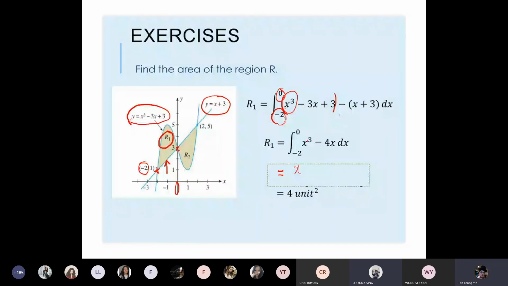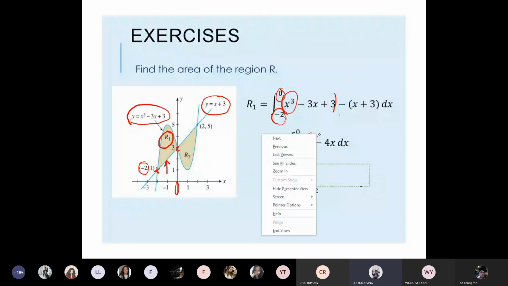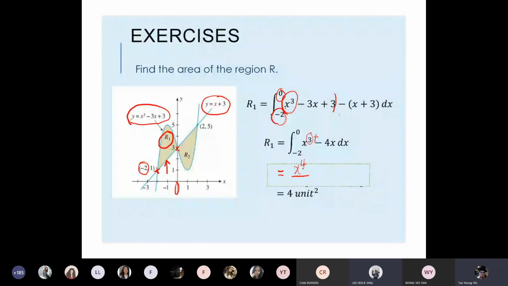Plus 1. So we have x to the power 4, then divide by 4.